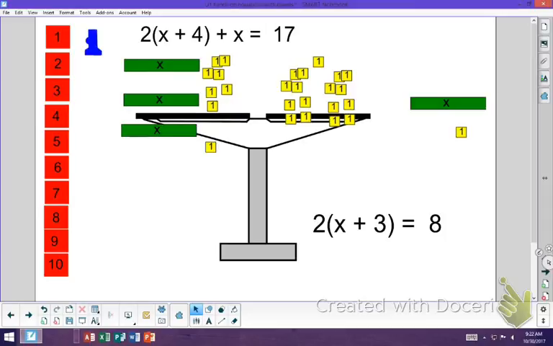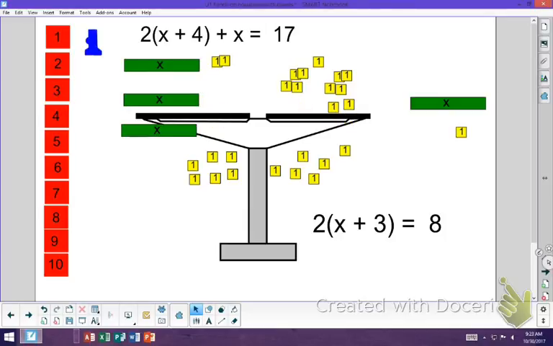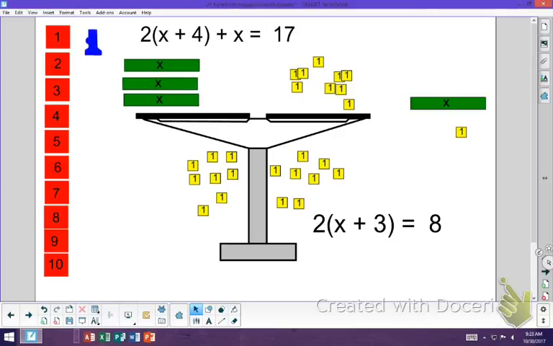I can take away 8 pairs from both sides. So I keep going until I can't do any more. 1, 2, 3, 4, 5, 6, 7, 8. So I'm left with 3 x's and a pile of 1s. 1, 2, 3, 4, 5, 6, 7, 8, 9.